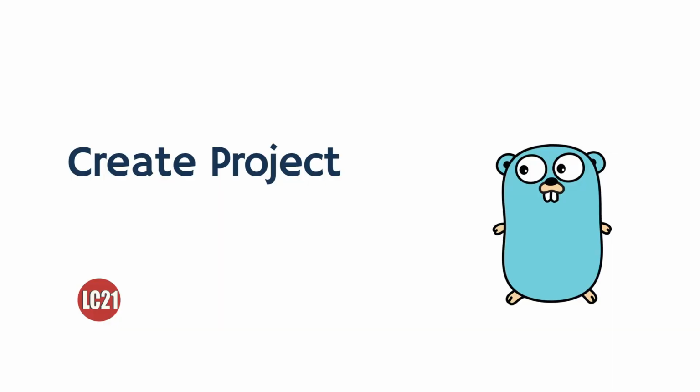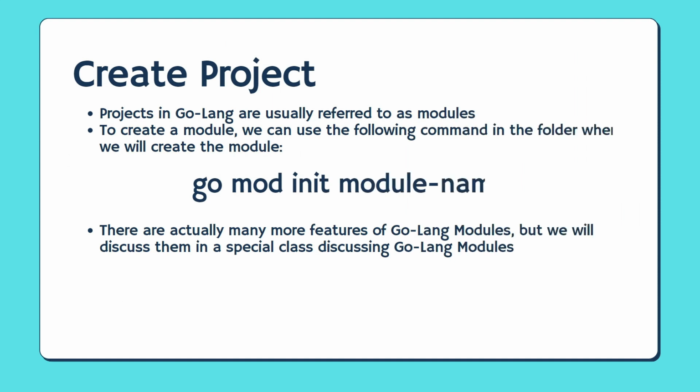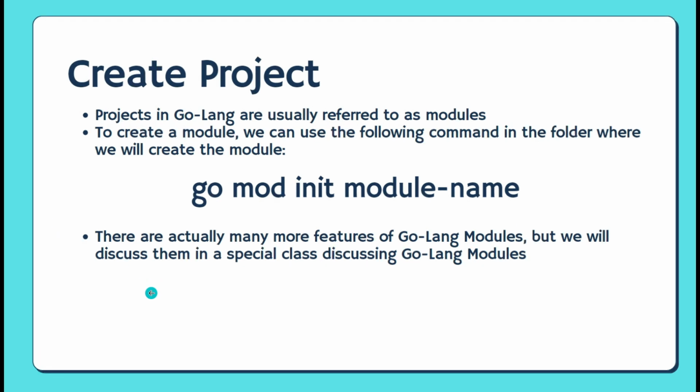Create project. Projects in Golang are usually referred to as modules. To create a module, we can use the following command in the folder where we will create the module: go mod init module name. There are actually many more features of Golang modules, but we will discuss them in a special class discussing Golang modules.